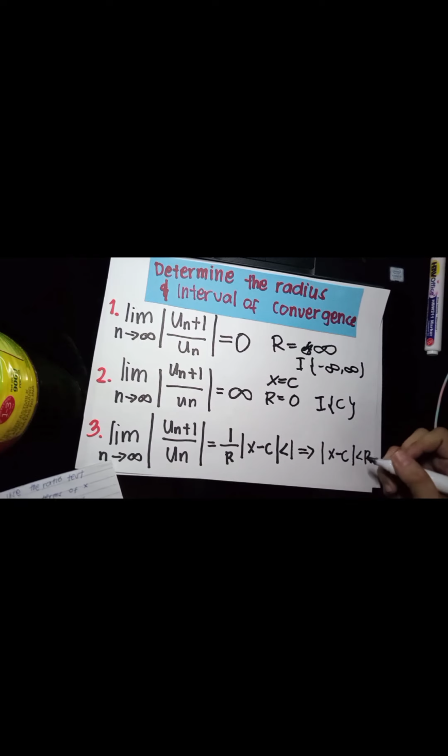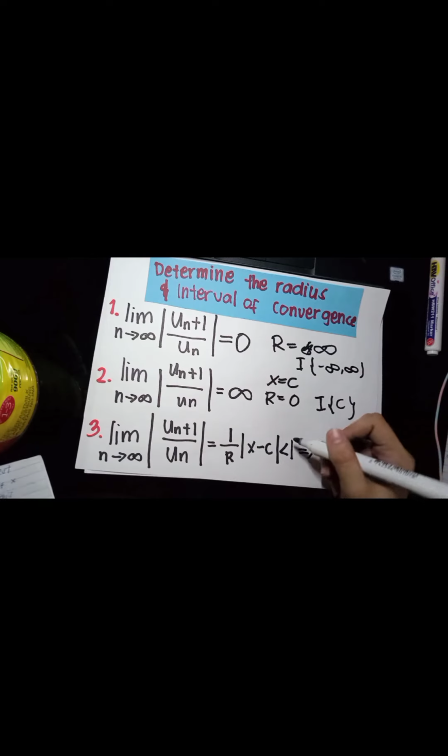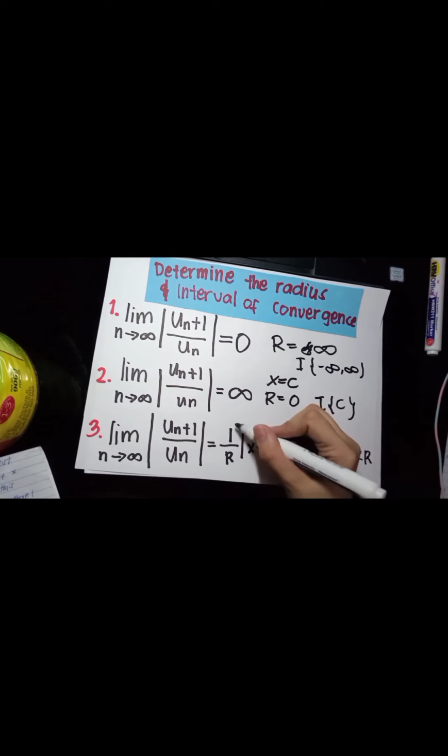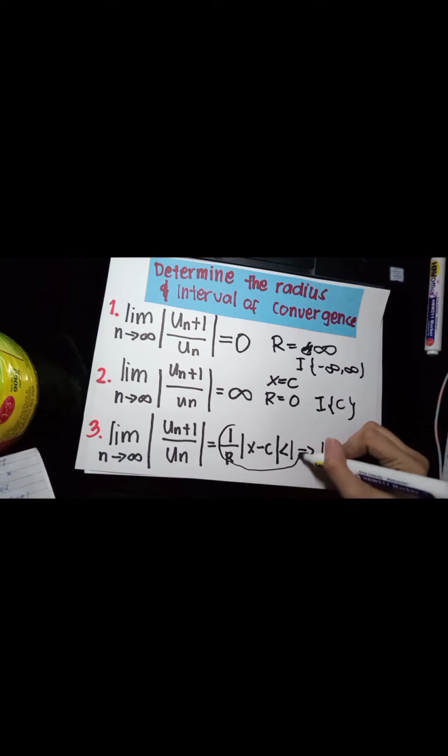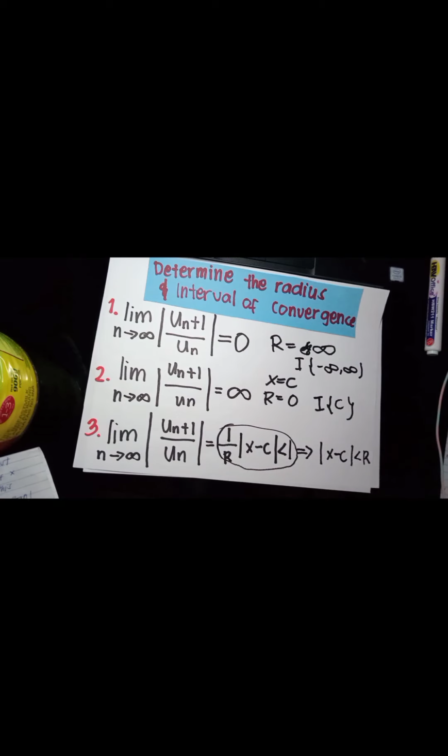So we multiply r to this expression, and then we get the absolute value of x minus c less than r. Whatever number you see at this point, that is your radius of convergence.